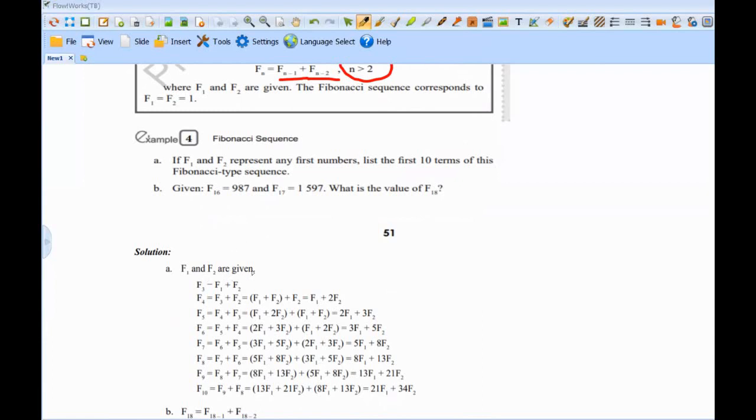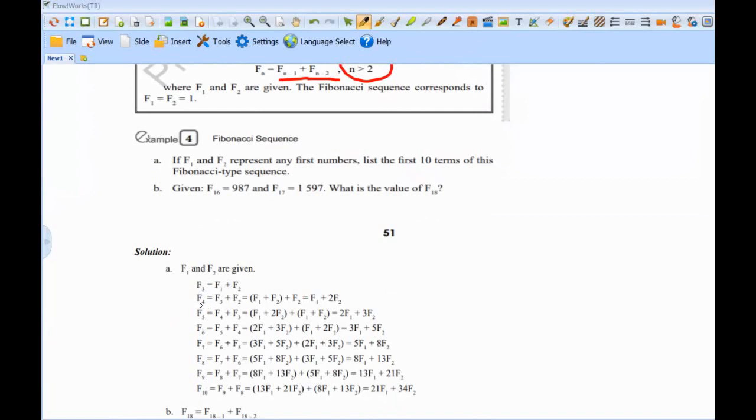So the first are actually f1 and f2. When we get f3, isn't it that you are going to add these two? So f sub 3 equals f sub 1 plus f sub 2.